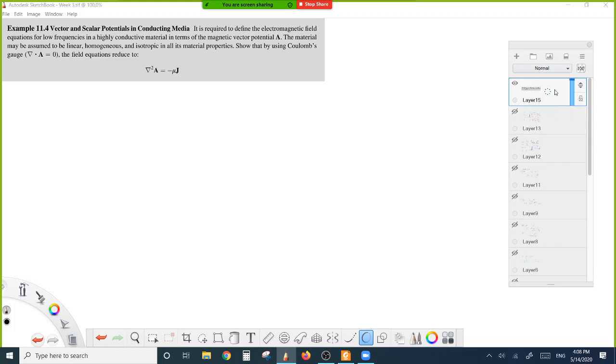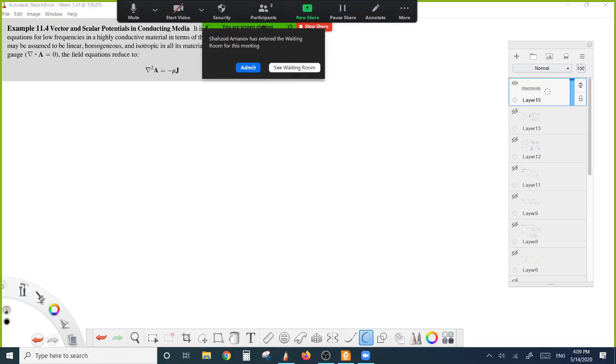It is saying it is required to define the electromagnetic field equations for low frequencies in a highly conductive material in terms of the magnetic vector potential A. So highly conductive material means that the conductivity of a material is much higher than 1.